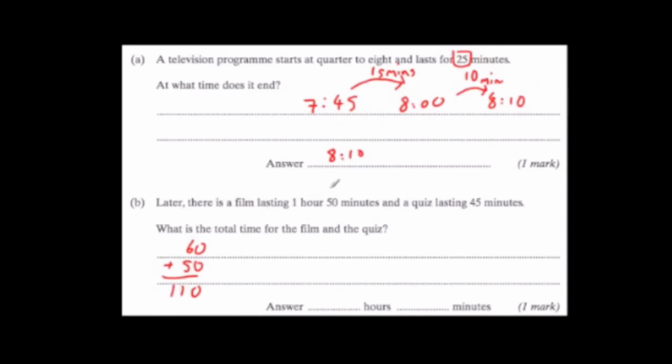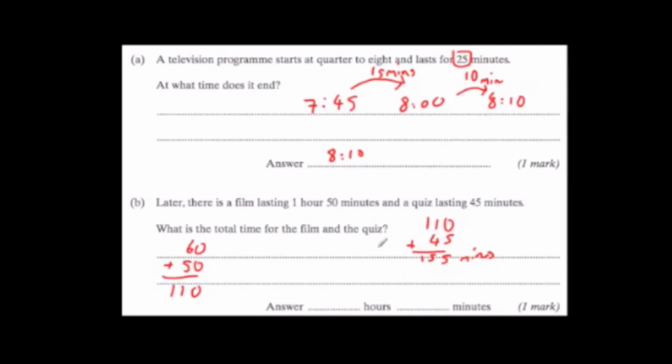So the film lasts for 110 minutes and the quiz lasts for 45 minutes. So we're going to do 110 minutes plus 45 minutes is equal to 155 minutes. So altogether it's 155 minutes, but the question has given us a box for hours and minutes.